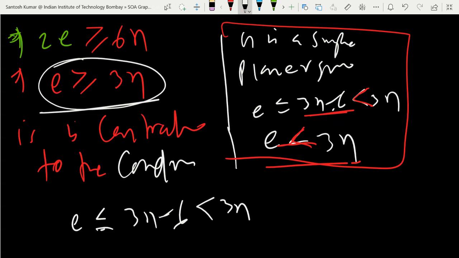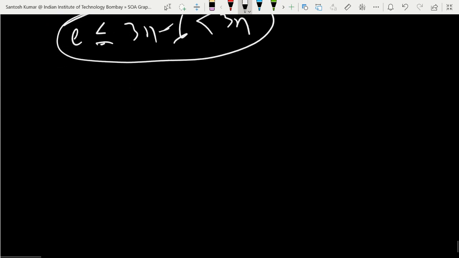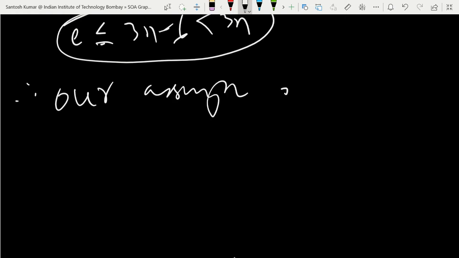In actuality, we know that if G is a simple planar graph, then e is going to be less than 3n. But you are getting more than or equal to 3n. That is a contradiction. That's why our assumption is wrong, and therefore the statement is correct.